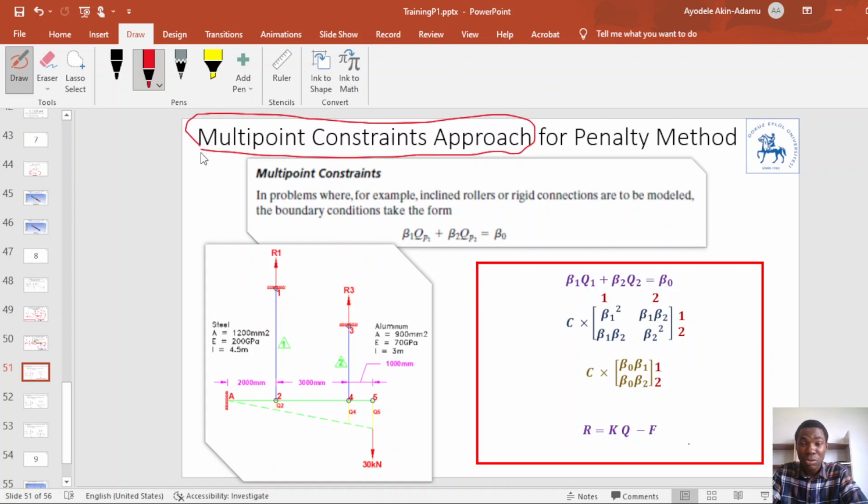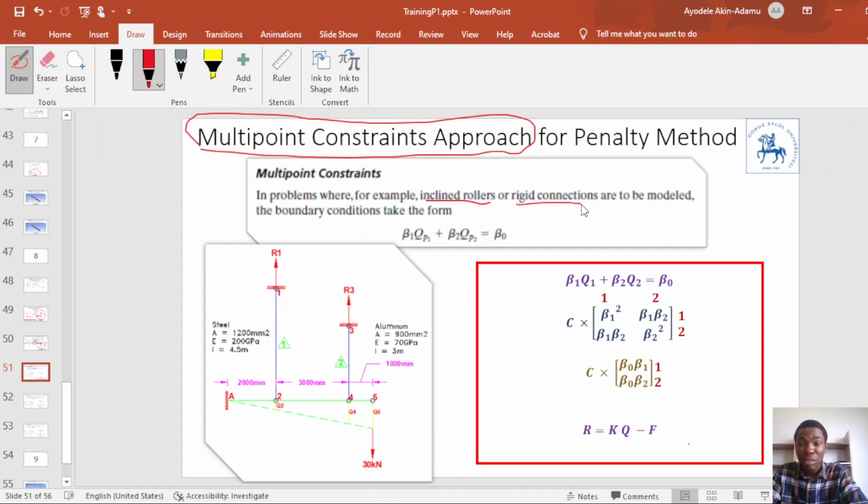I will try to explain a bit of it in this lesson now. The multi-point constraint model is mostly applied to two particular problems: the inclined roller support problem and rigid connection.